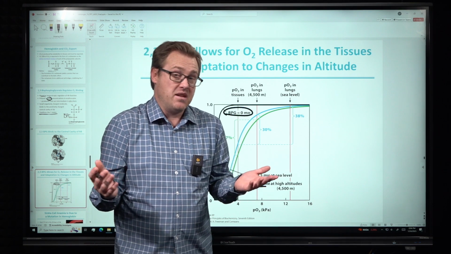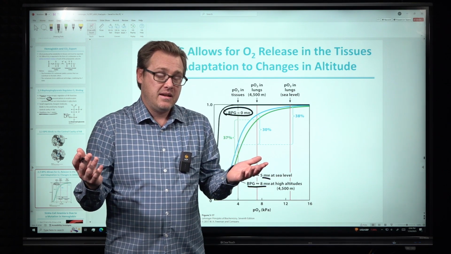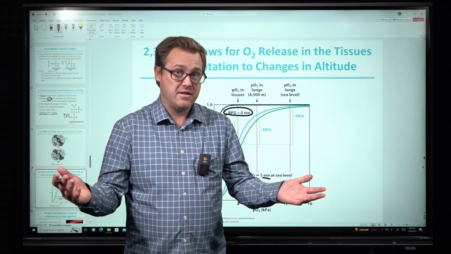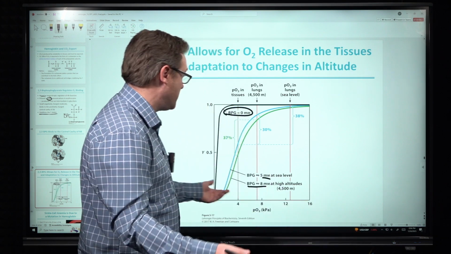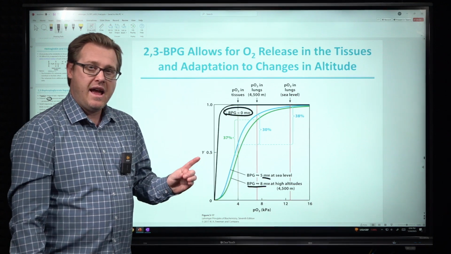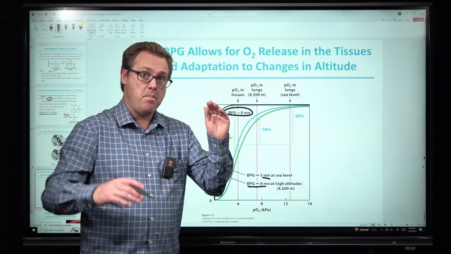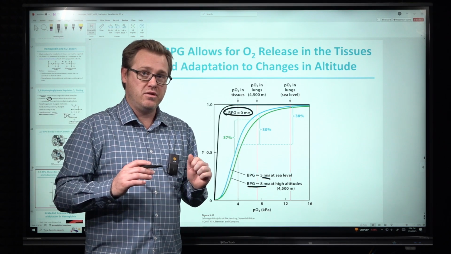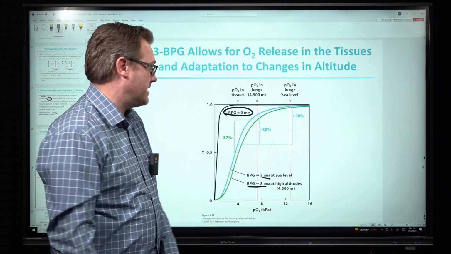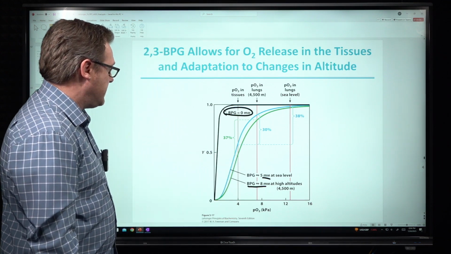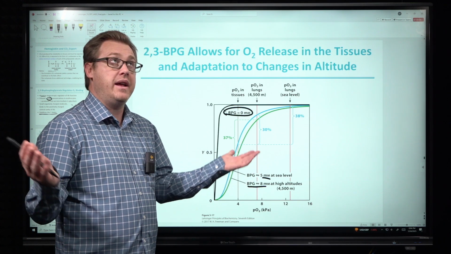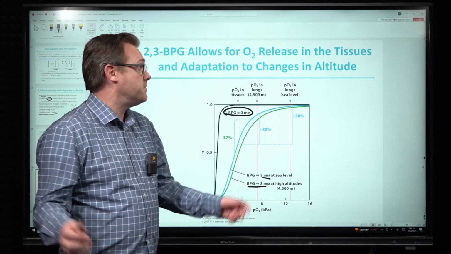So you can see that that's a major problem, right? If you live in the mountains, you're not going to get enough oxygen to your extremities and the tissues all over your body. So BPG helps to make that the same. Doesn't matter what altitude you live at, you're going to get the same amount of oxygen released to the tissues. So that's the end game. That's the big reveal of what BPG does. Okay.